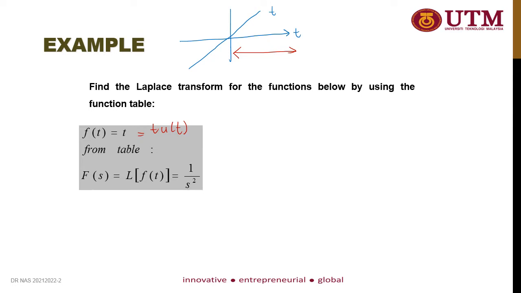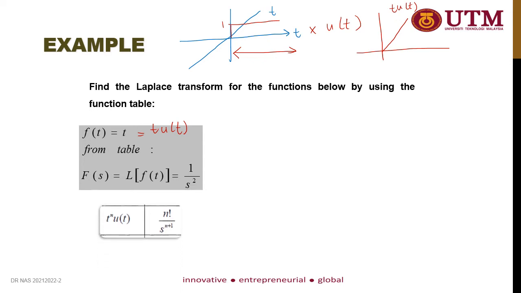So in this case f(t) equal to t, we can assume it is f(t) equal to t u(t). So t multiplied with u(t), and we know that u(t) is this one, so only the positive side will be considered. By referring to the Laplace transform table, this is the closest shape to the given equation.